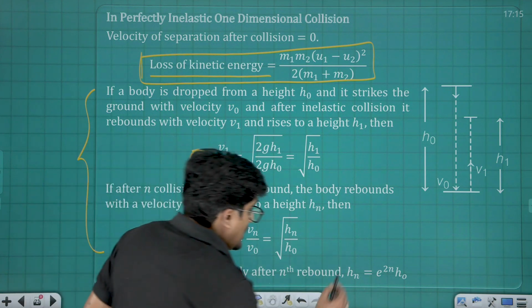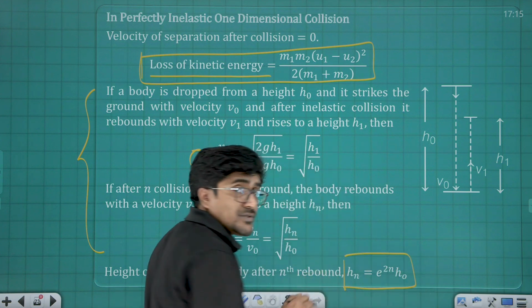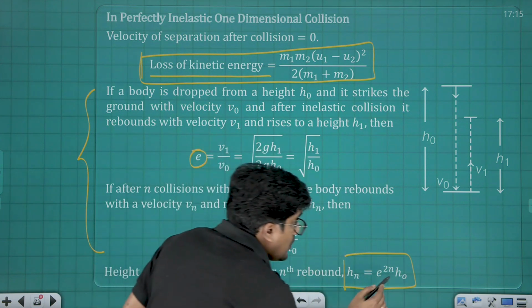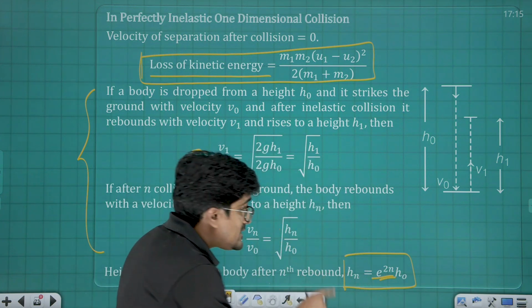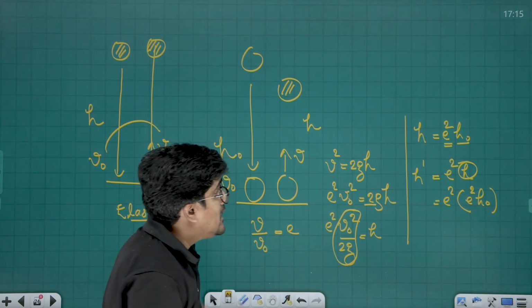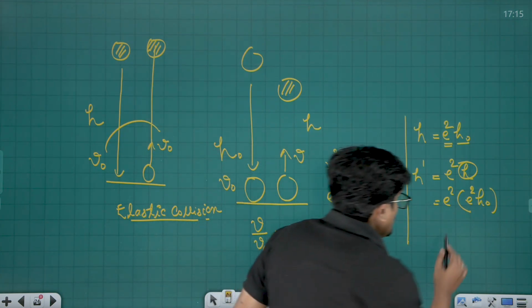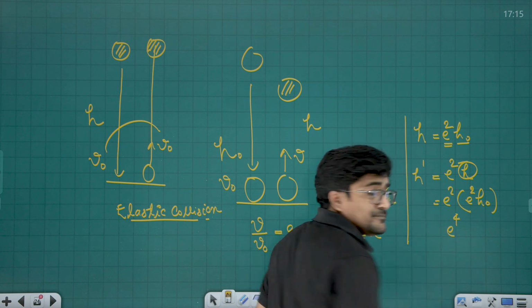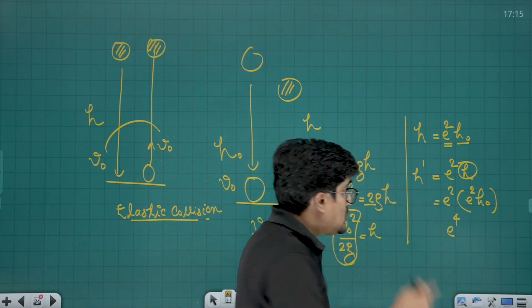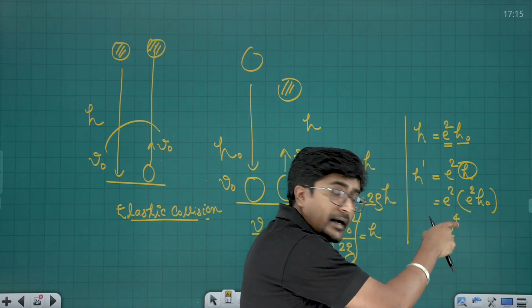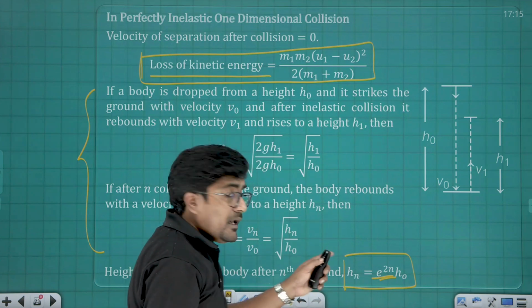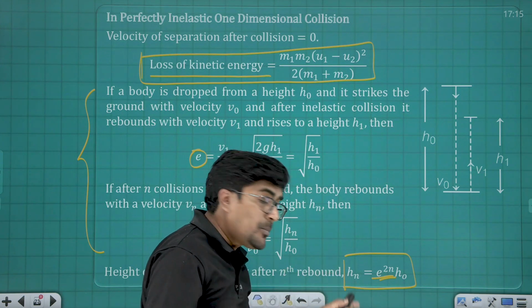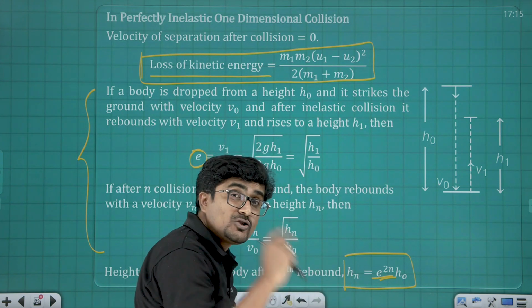And after n rebounds, the height is going to be e raised to 2 times n. How? See here, after 2 collisions, it was e raised to 4. It's 2 times 2. So after n number of collisions, it's going to be e raised to 2 times n.